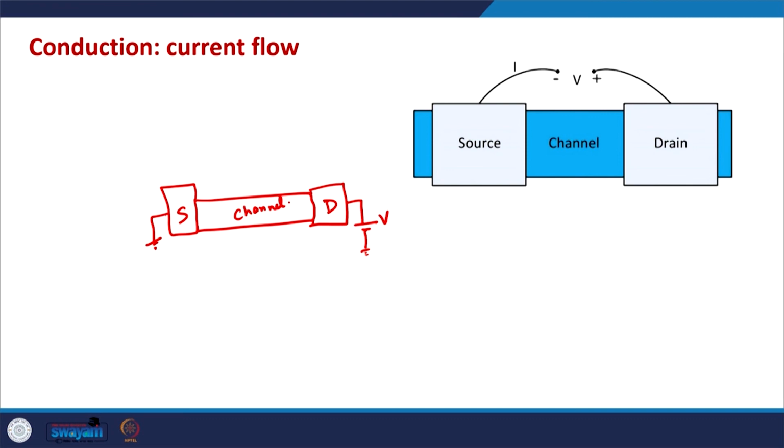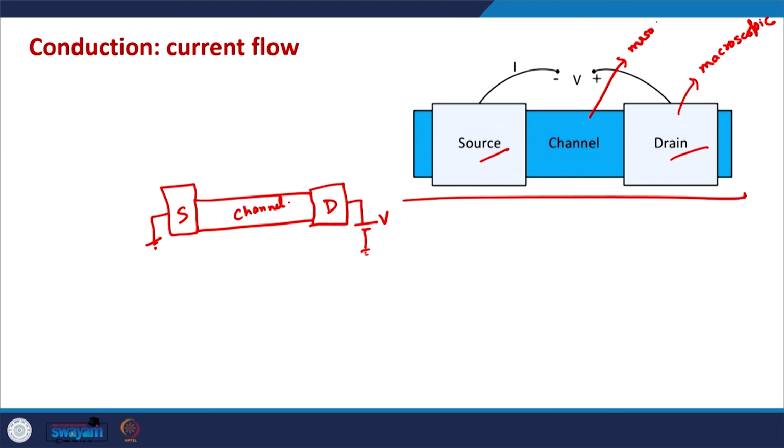So, this is the outline of modern devices. In these devices, the source and the drain regions are still bulk material like the material that used to be there, that have, in other words, macroscopic dimensions, and the channel is now mesoscopic or nanoscopic.